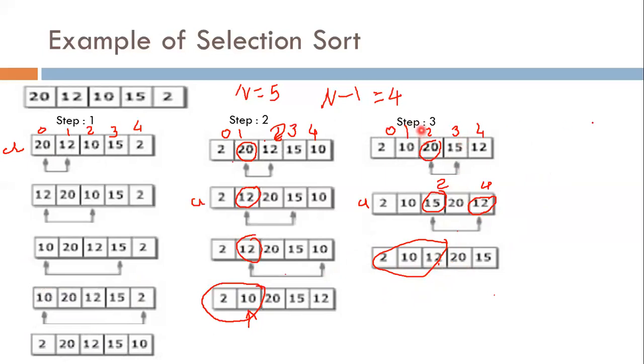Now step number 4, which is our last step, because as I already told, in this case I have n equal to 5. So the total number of steps needed is n minus 1. Then in step number 4 I pick the fourth element.